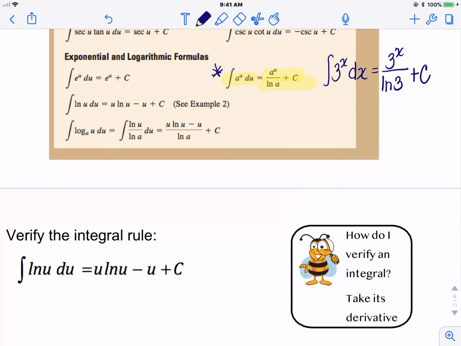I don't know an antiderivative for 3 to the x, but I do know that if I saw 3 to the x times the natural log of 3, just a numeric multiplier in there, I would know its antiderivative. I would be able to evaluate that. But I can't just throw a multiplier in there without accounting for it. So in other words, if I double something, then I have to take half somewhere in the same calculation to account for it.